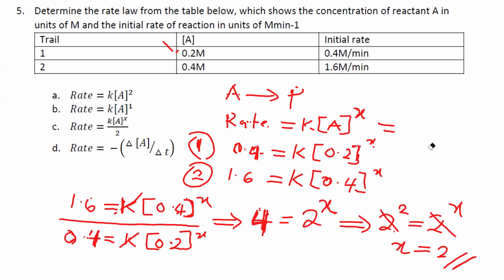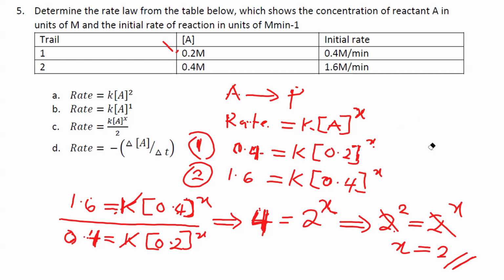The correct way of writing this equation is by saying that rate is equal to k into the concentration of A raised to the power of x. Now we are going to substitute the value.